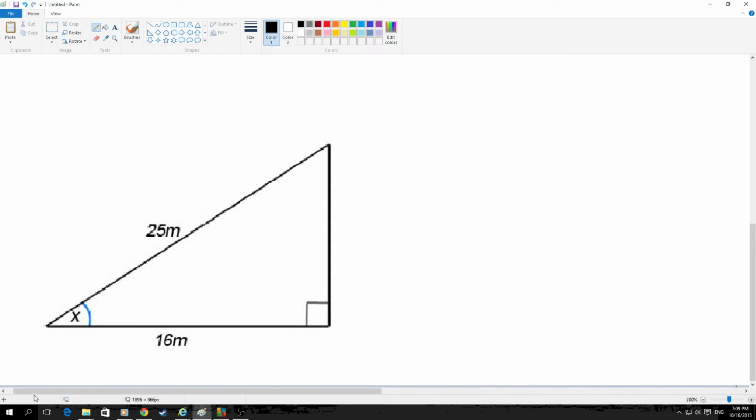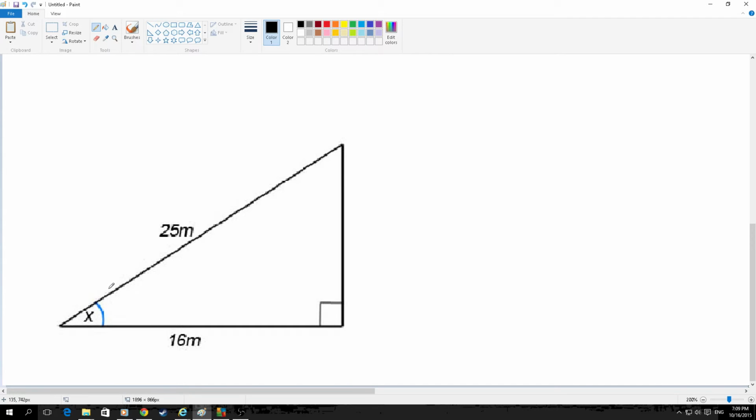However, to work out the angle, there is a different way you have to do it, which I'll show you now. So there's two sides here. It's going to be cos because we're using these two, the hypotenuse and the adjacent.